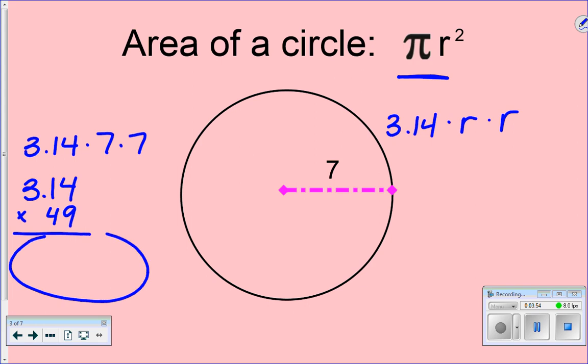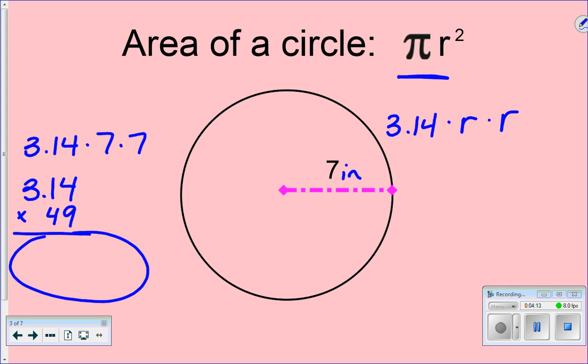And what my answer is there, let's pretend this is inches. So go ahead and do this on your paper. Find out what the area of this circle is. If you have a hard time multiplying and keeping your numbers in a line, you're going to have to figure out a way to do that on this homework, because there's not a lot of room on your paper.